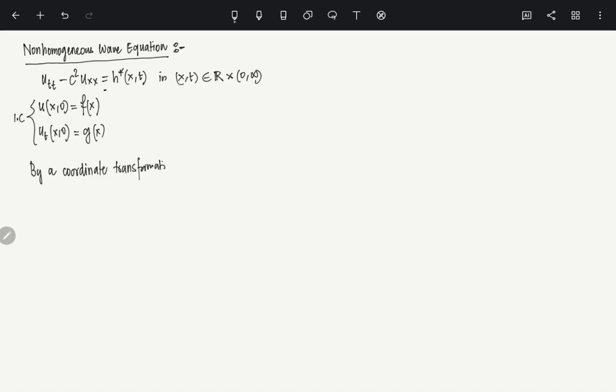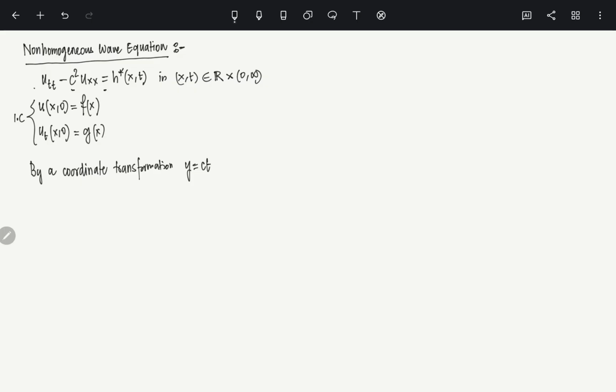Basically I don't want to deal with the c. So what I will do is replace y equals ct. If we replace it, there will be an extra c here, so the c squared part won't be there.